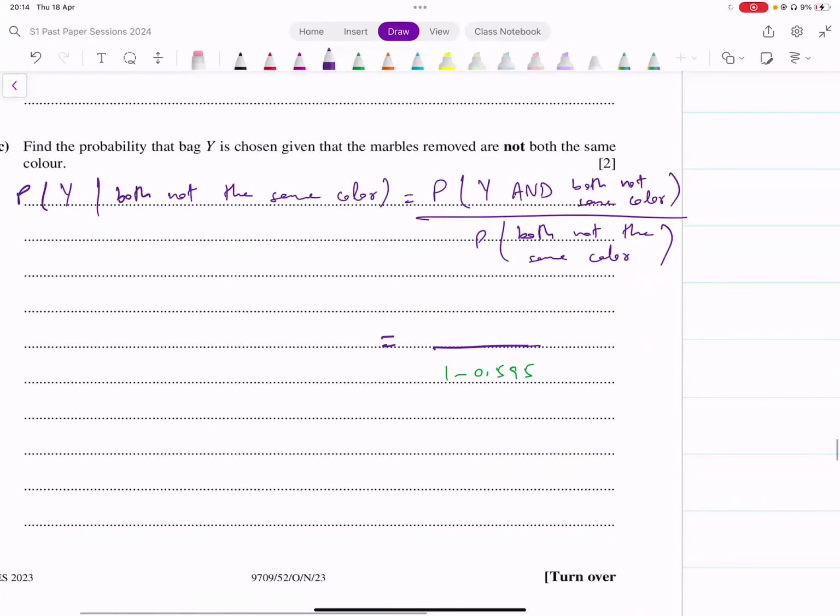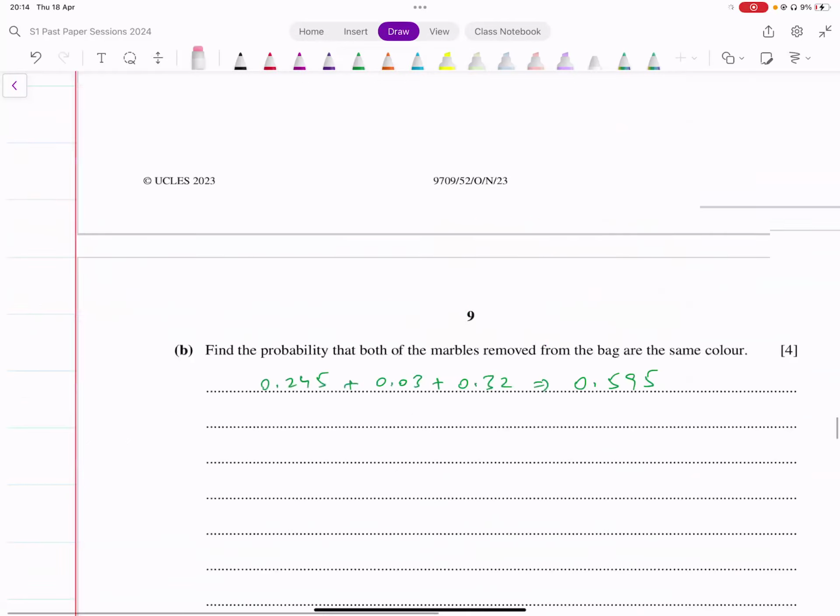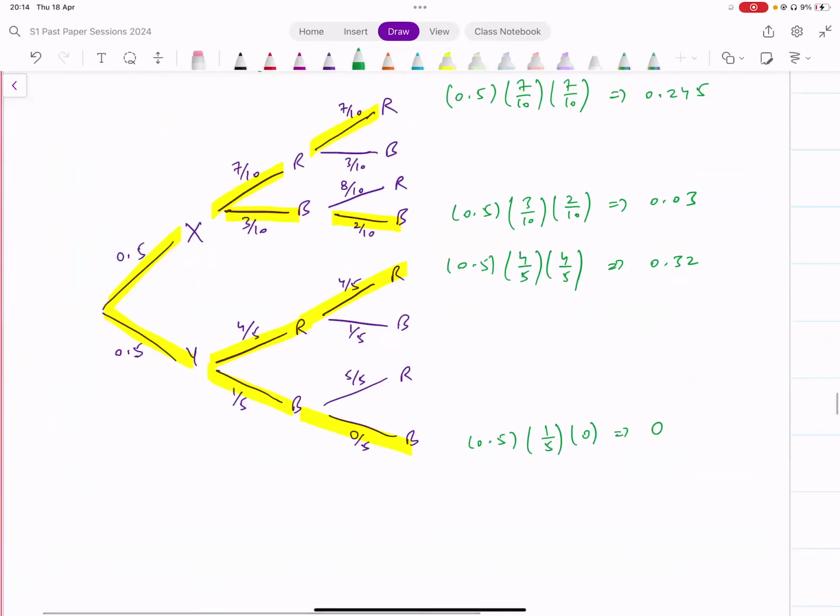Now, what about the numerator? In the numerator, you want both of these things happening at the same time. That Y should be chosen, and both of them should not be the same color. Now, when Y is chosen, let's go back there. When is Y chosen? Here.